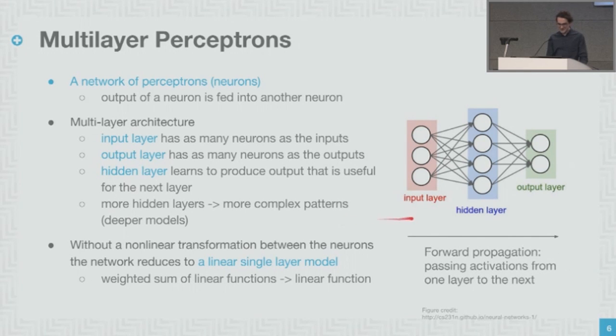However, without having a nonlinear transformation between these neurons, the network reduces to a single linear model, because each one of these neurons basically does is taking a weighted average of their inputs, and they're all linear functions, and a weighted sum of linear functions is also a linear function.